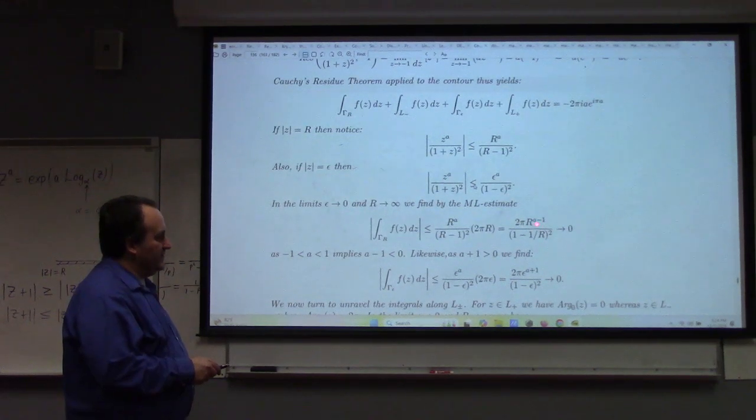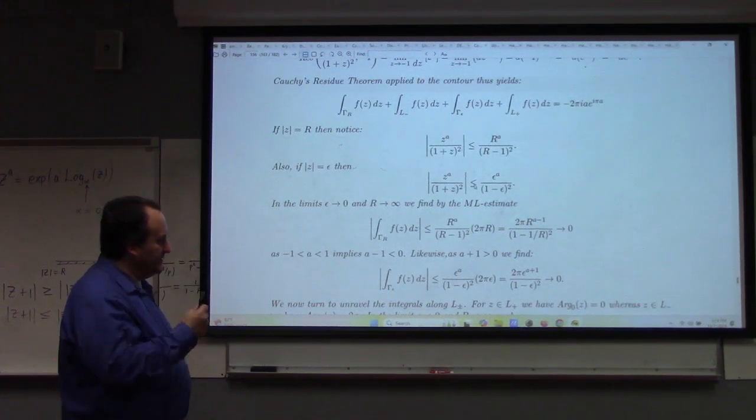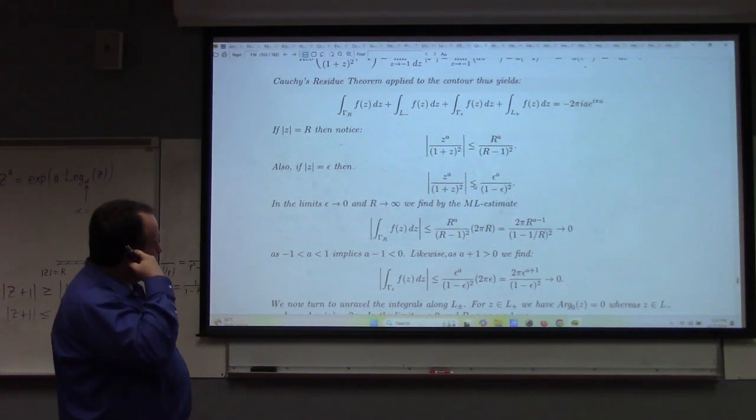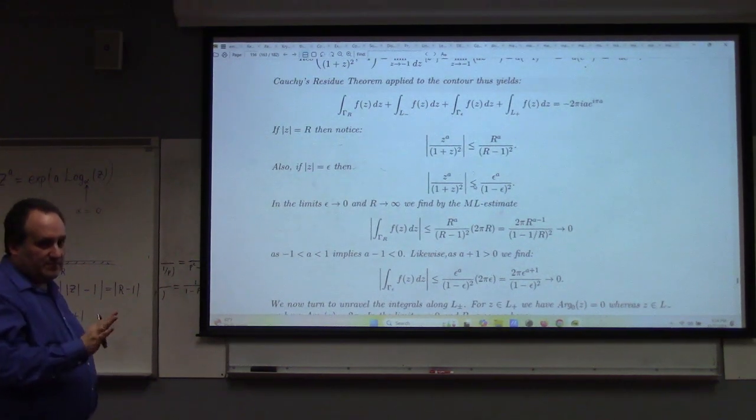Well, anyway, if you just sort through it, if a was negative, then it's a reciprocal. For any a less than 1, I believe this is a reciprocal, right? So I don't see that a equals 0 is problematic for this one.